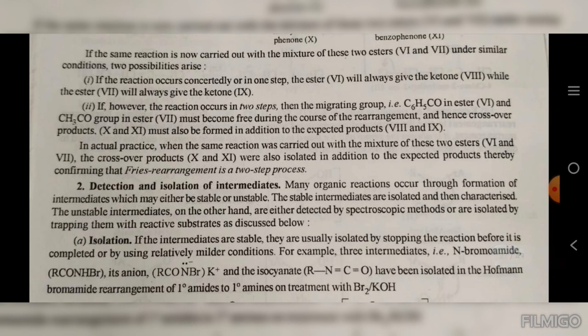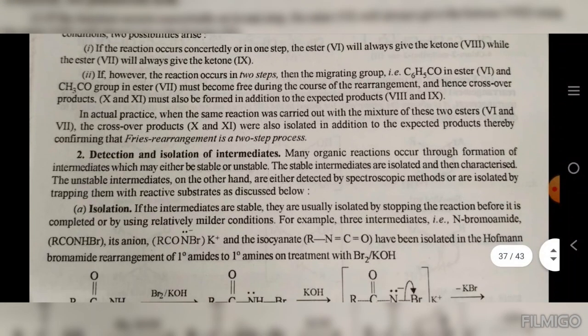If the same reaction is now carried out with the mixture of these two esters 6th and 7th under similar conditions, two possibilities arise. If the reaction occurs in a concerted manner or in one step, the ester 6th will always give the ketone 8th, while the ester 7th will always give the ketone 9th.